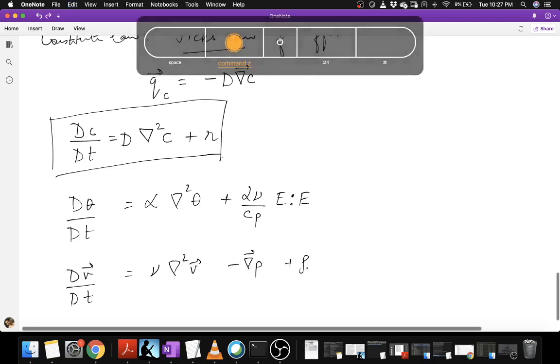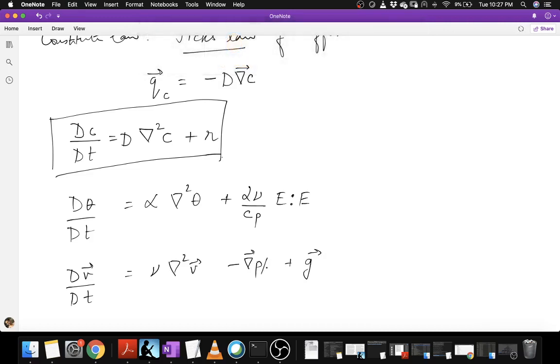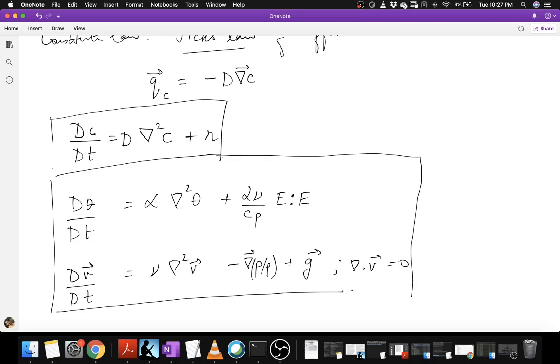Oh sorry, I don't have the density now, and this is pressure normalized by the constant density. And this of course should be supplemented by the fact that the divergence of the velocity is zero, the equation of continuity. So that's it. Here, succinctly written, is the full set of governing equations that we're going to use in the rest of our course, of course in various simplified forms for various different situations.